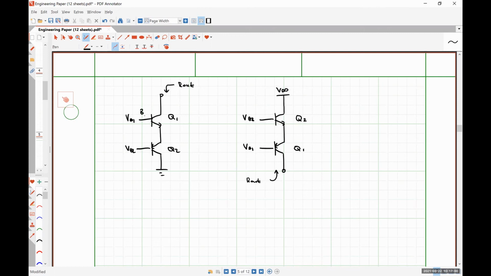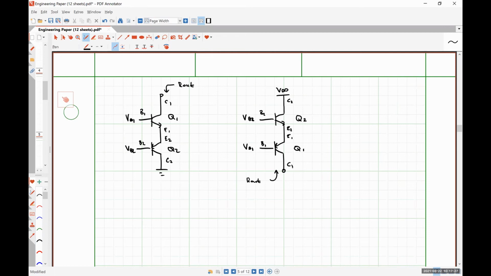So obviously over here, I have the base 1, base 2, here I have base 2, base 1, collector 1, emitter 1, emitter 2, collector 2, collector 2, emitter 2, emitter 1, collector 1, okay?